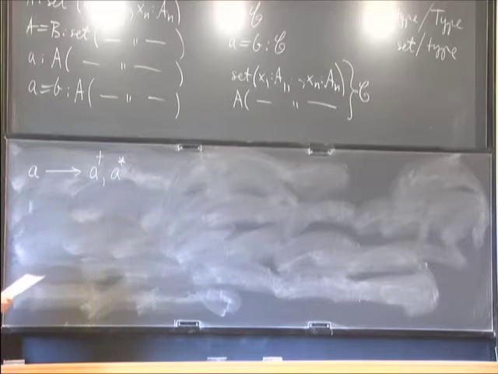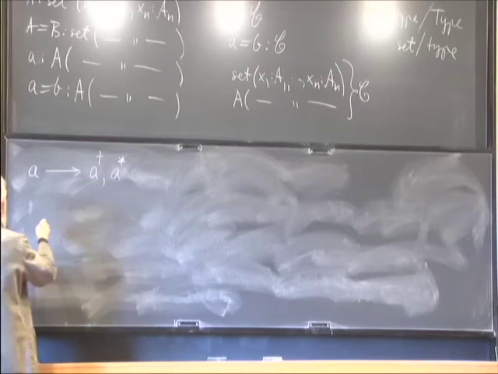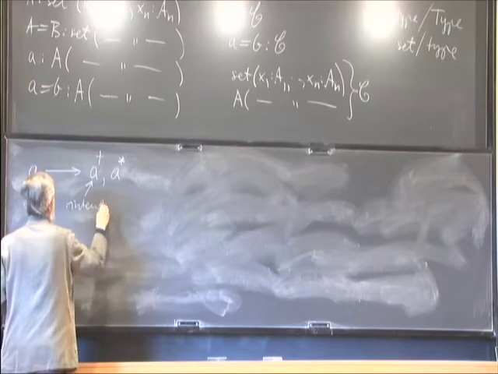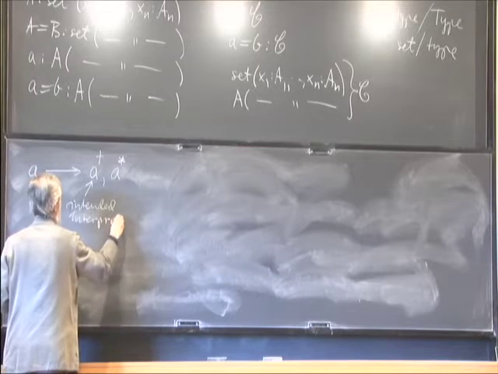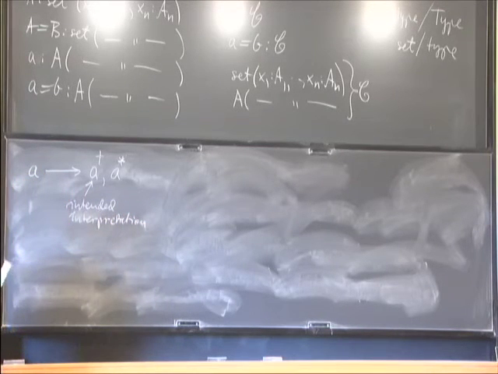Now, a dagger is simple, because a dagger is just the interpretation of A in the standard model, that is the intended interpretation of A. So what is the intended interpretation?